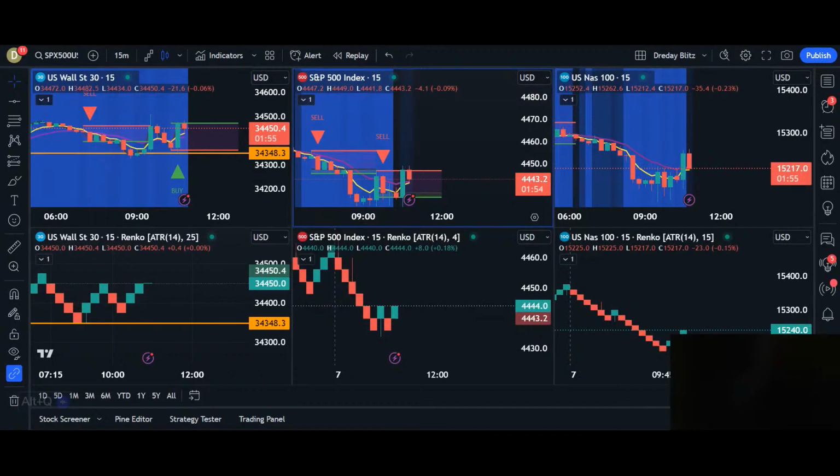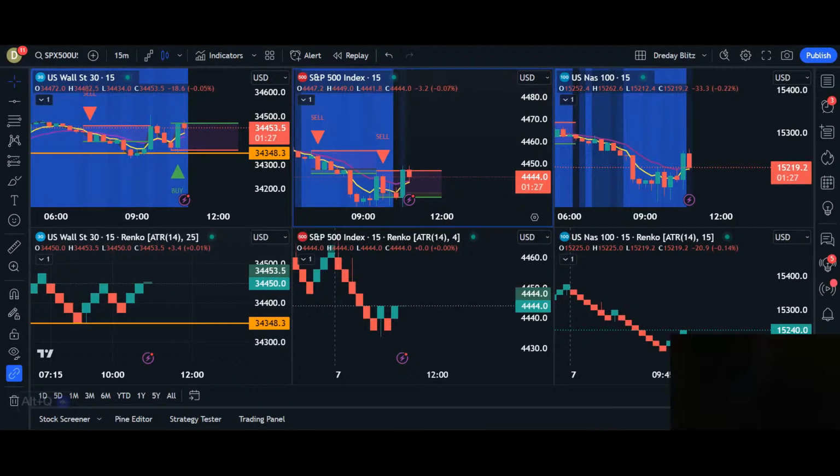Perfect. So, like I said here, guys, we still have the market going up right now on US 30, S&P 500, and the NASDAQ. In the last 30 minutes, we had some buy signals on all three indices.